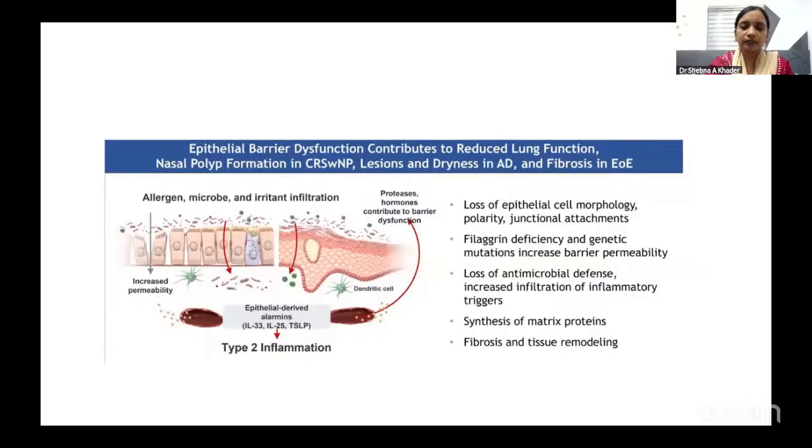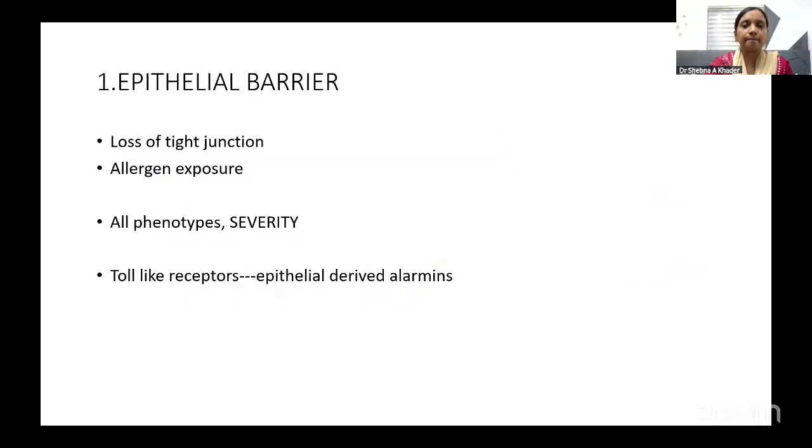The filaggrin deficiency also plays a part in that, and this results in loss of antimicrobial defense and also increased release of the immune triggers. Then there will be more chances of fibrosis and tissue remodeling. And as you can see, there will be release of several epithelial-derived alarmins, which are very important.